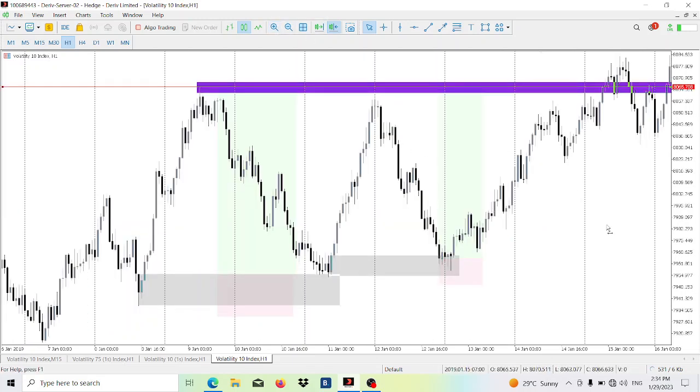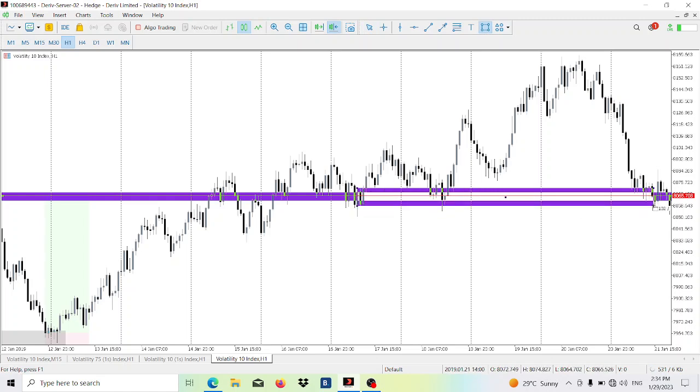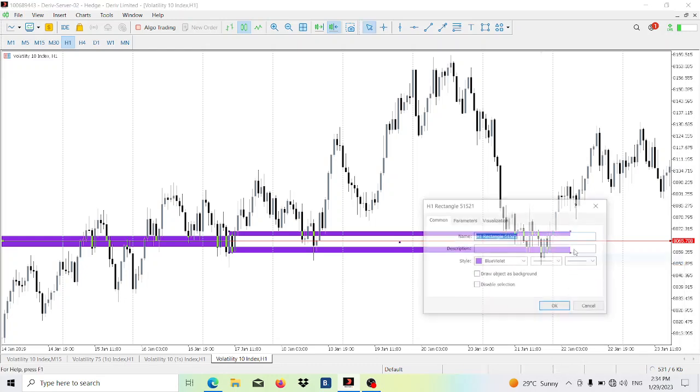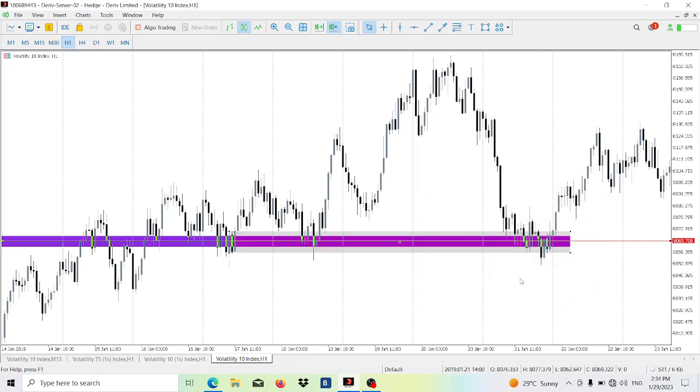Let me show you what I mean. Whenever we're here, we look for buys. Let me change the color, make it Gainsborough. Whenever we're at this zone, we're looking for buy opportunities now.